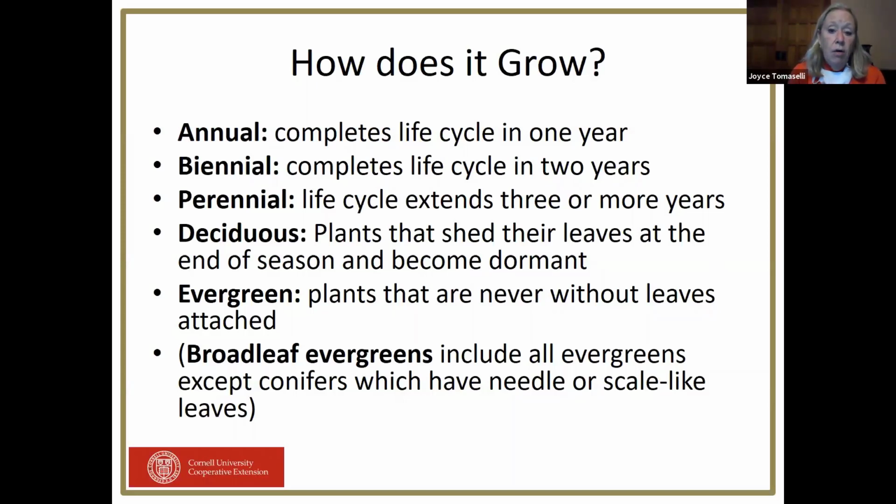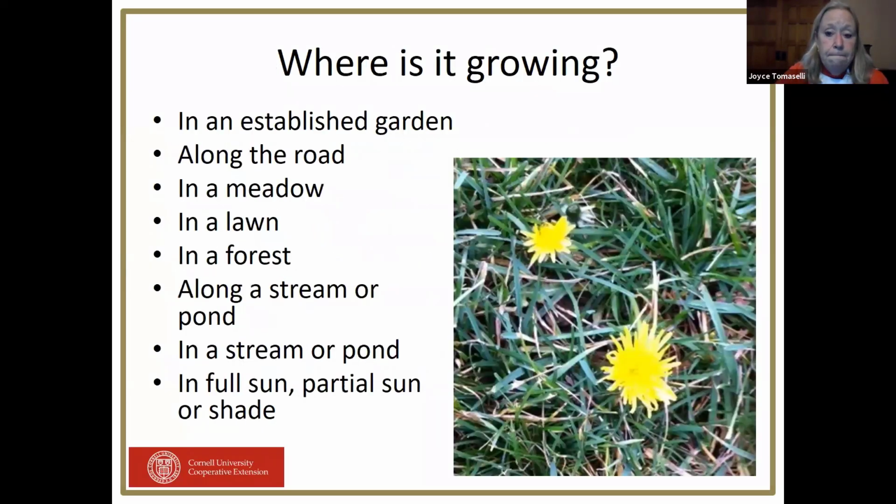Evergreens are those that never lose all their leaves. You can have broadleaf evergreens, the rhododendrons are evergreens, and you can have deciduous conifers like the larch that drop their leaves. And I think also sequoia, the redwood, is a deciduous conifer. But in general, when you look at how it grows, you've got those categories.